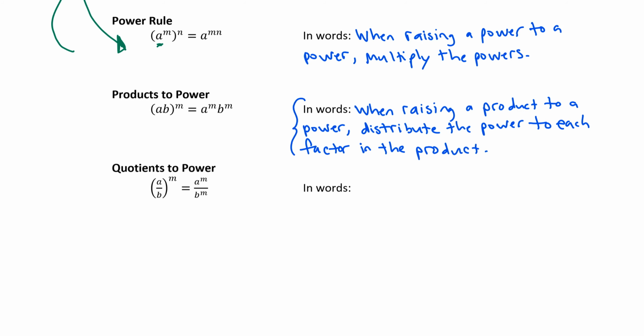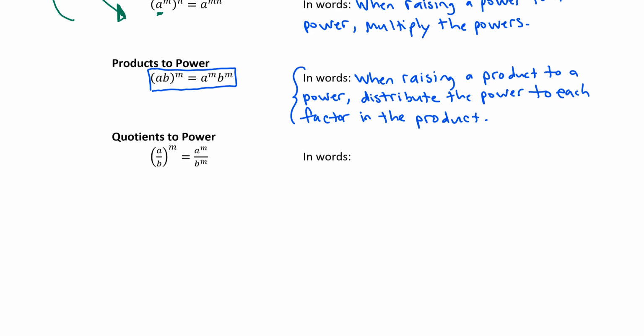Notice how many words it takes me to explain this one concise formula. Mathematics is a very efficient and dense language. It's short and sweet, and sometimes it takes a lot of words to really understand what those formulas mean. In the same way, when we have a quotient raised to a power, each part of the quotient receives that power.